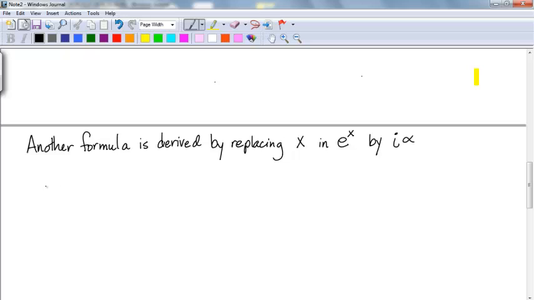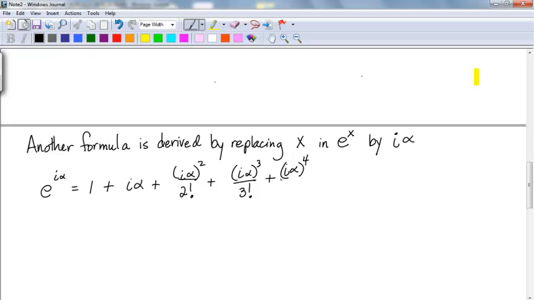So if we take the e to the x formula that we had before and replace the x with i alpha, we'd end up with 1 plus i alpha plus, up in the numerator, those parentheses go on top, the quantity i alpha squared over 2 factorial plus the quantity i alpha cubed over 3 factorial plus i alpha to the 4th over 4 factorial plus dot dot dot.